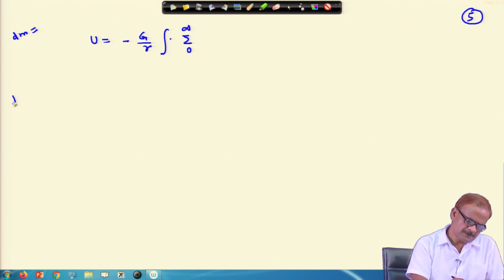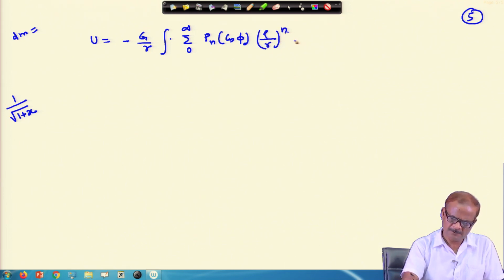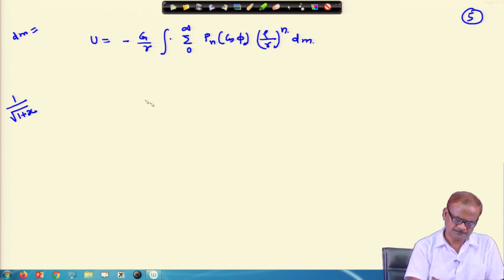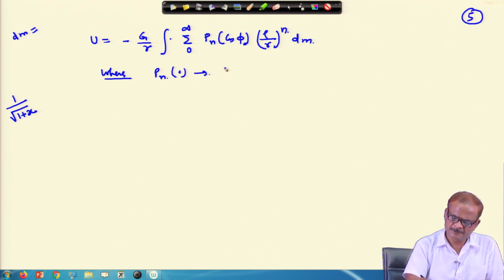So, 1 by square root of 1 plus x, what we have written. So, this whole thing except dm can be represented in a series form, like this: P n cos phi times rho by r to the power n dm, where P n is called the Legendre polynomial.